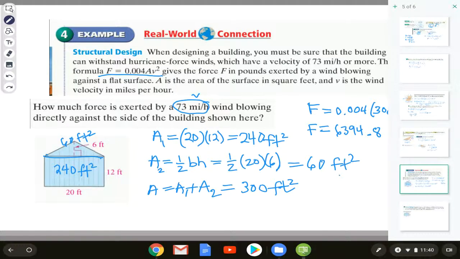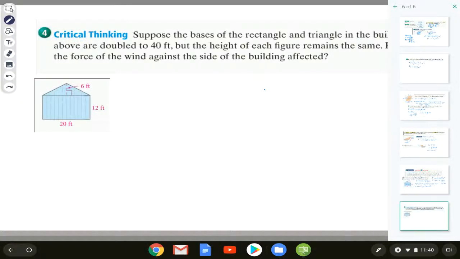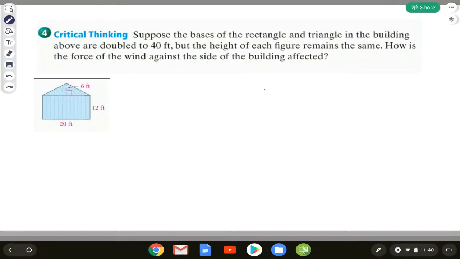Okay, now the quick check question asks us, suppose the bases of the rectangle and triangle of the building are doubled to 40 feet. So instead of 20 feet, now we're going to have 40 feet. How is that going to change the force of the wind? If we did that, the area of the rectangular part would be 40 times 12, which is 480 square feet.